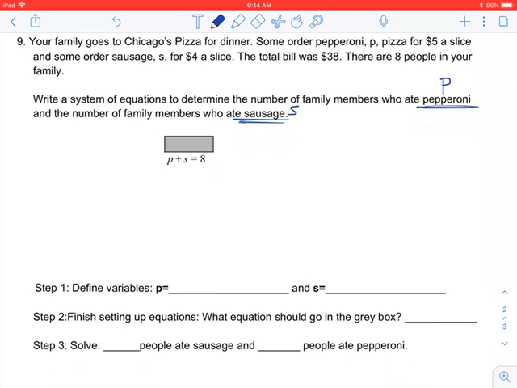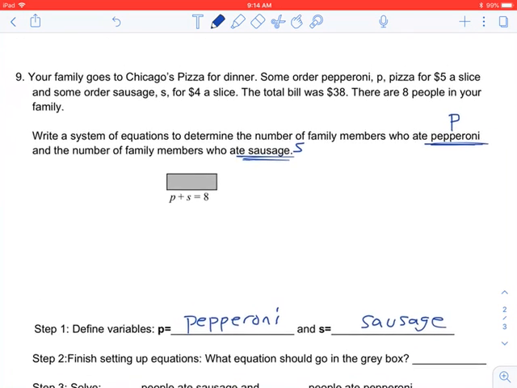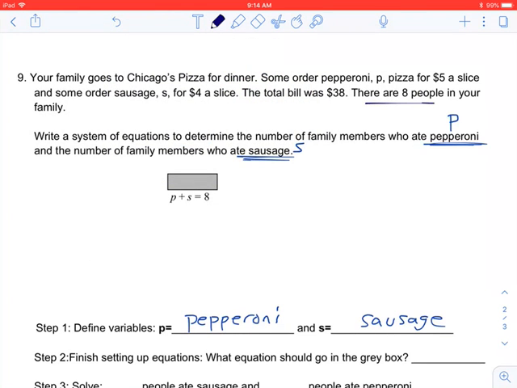Okay, so to define the variables, P equals pepperoni pizzas and S represents sausage pizzas. Okay, so finish setting up the equations. What equation should go in the gray box? In that case, I've got two totals, like we've talked about a lot in class. We've got a total amount of people, which is the one they already said, and the total amount of money.